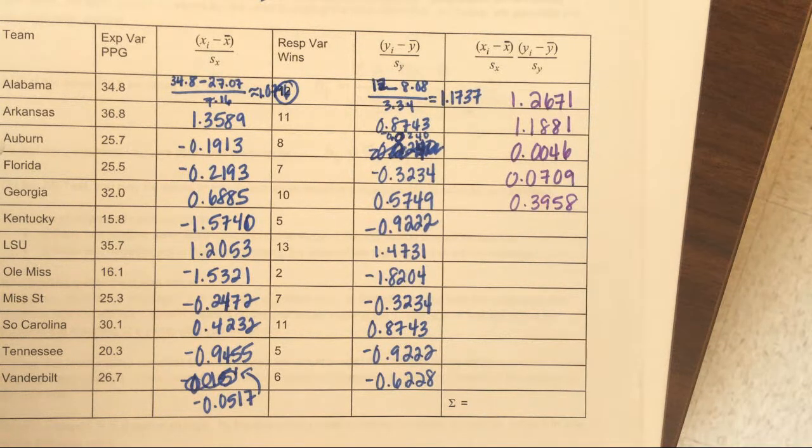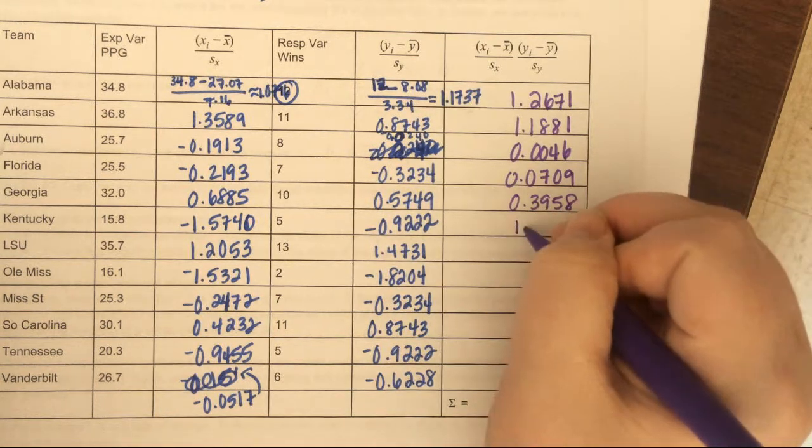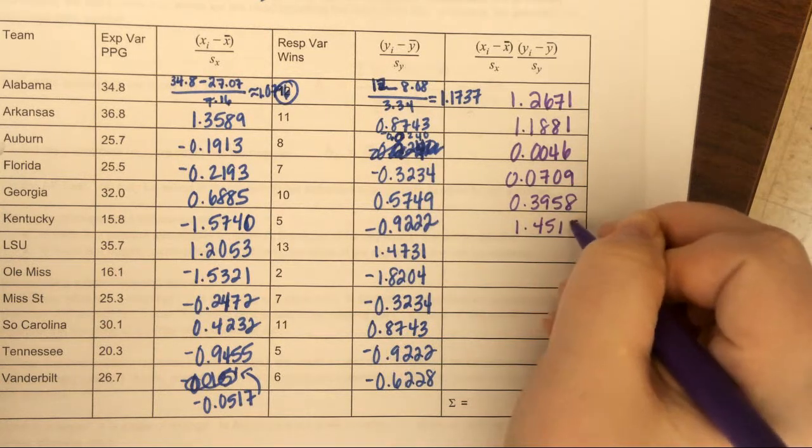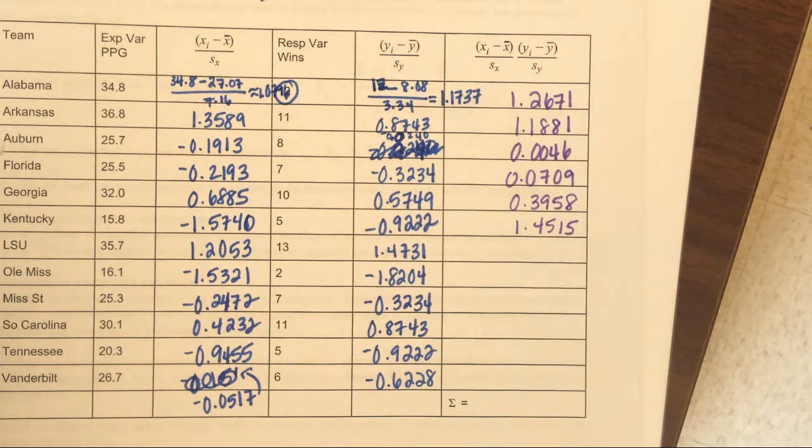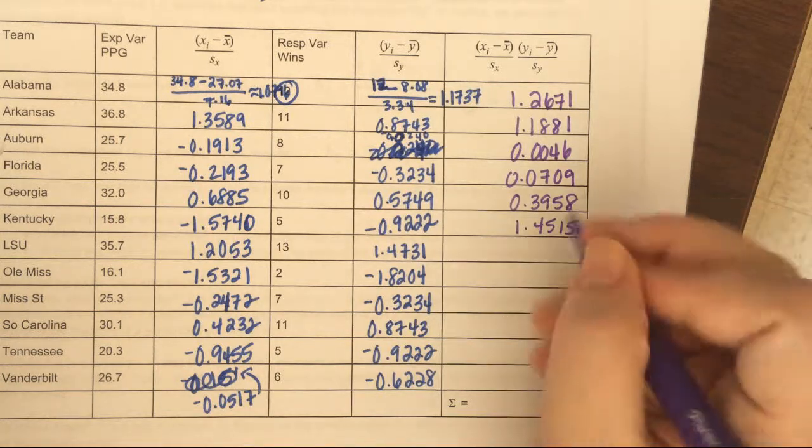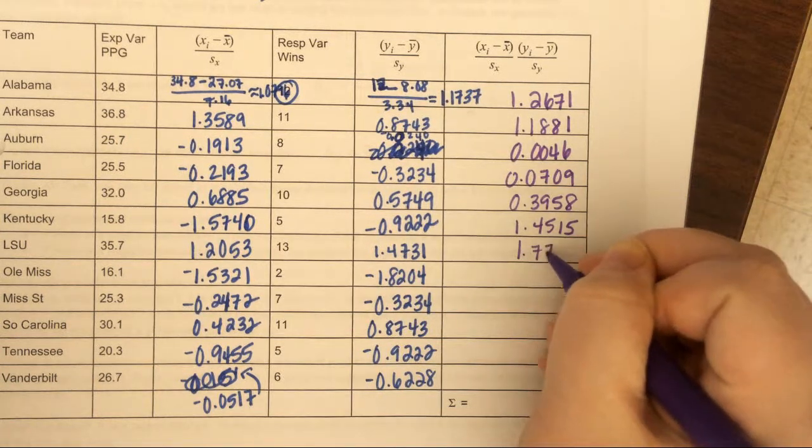Negative 1.574 times negative 0.9222, we get positive 1.4515. Positive 1.2053 times 1.4731, we get 1.7755.